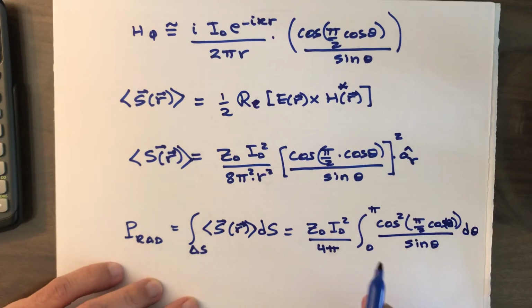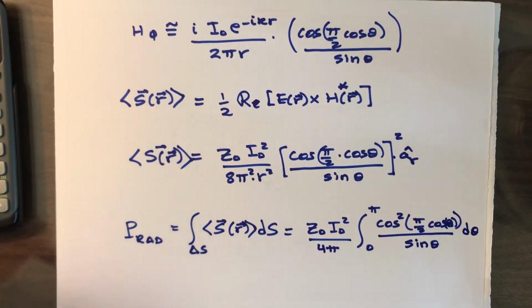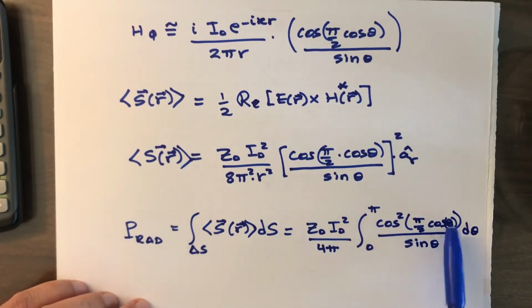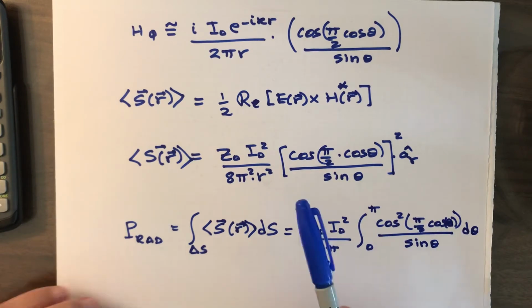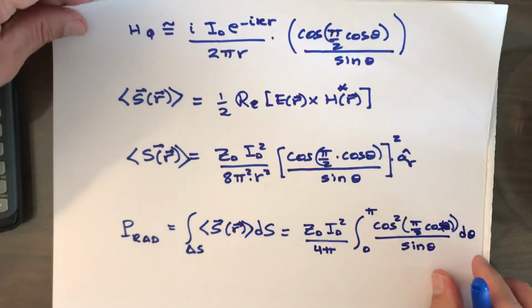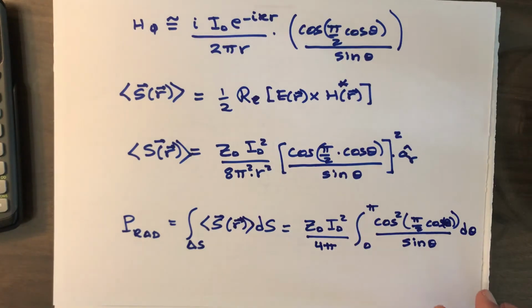Now that looks very impressive, but remember that that's a definite integral. So you can think of that entire thing as one number. So that should help us out considerably.